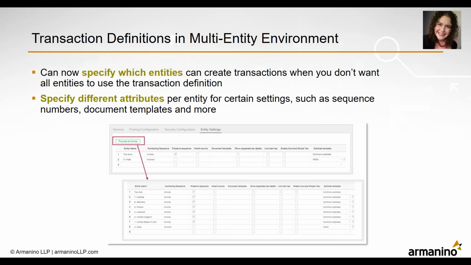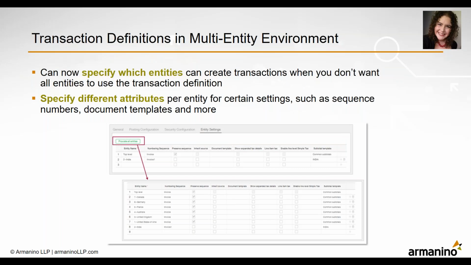Okay, and then this one is in the global consolidation section, because I didn't really know where else to put it, but this is going to be applicable to anybody that's operating in a multi-entity environment. So if you're using the advanced modules of order entry or purchasing, you have transaction definitions. Previously, if you had transaction definitions that you only wanted available to a specific entity, you had to create those at the entity level.